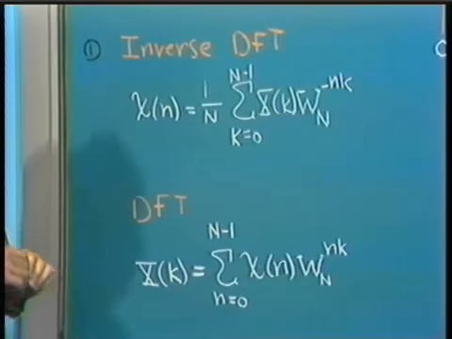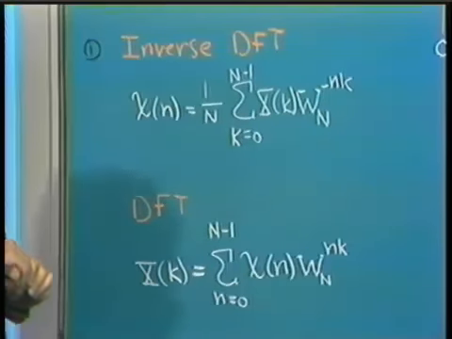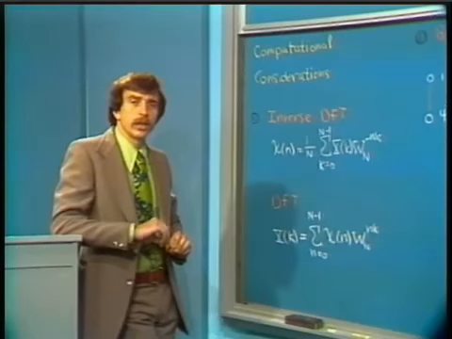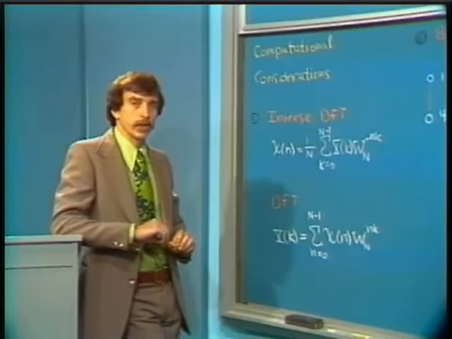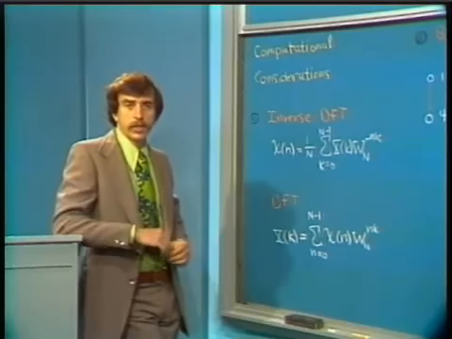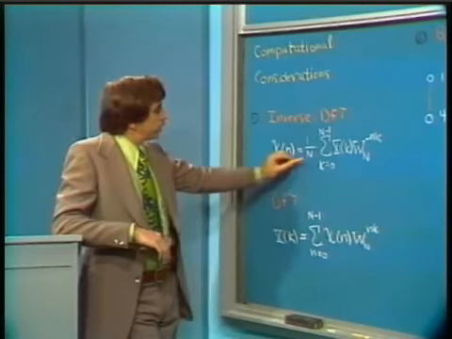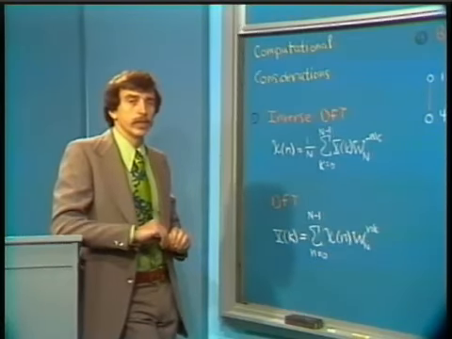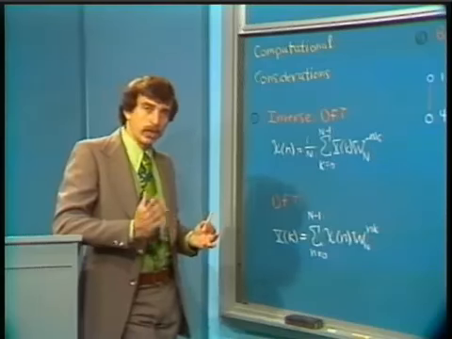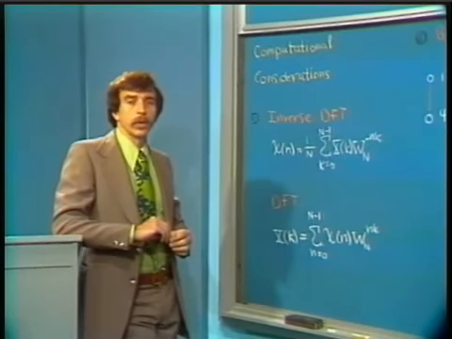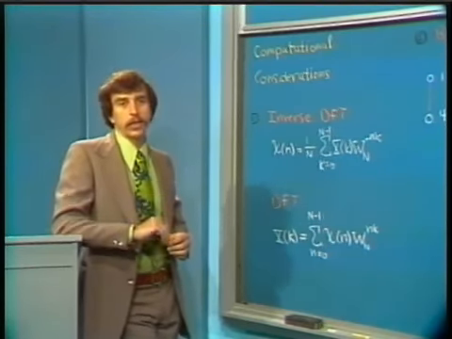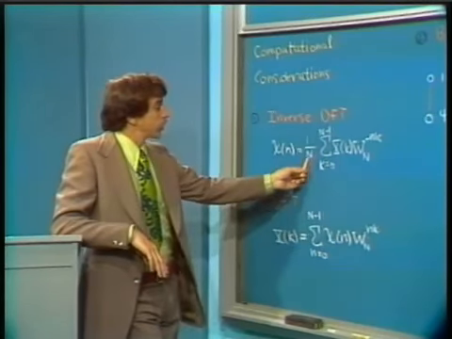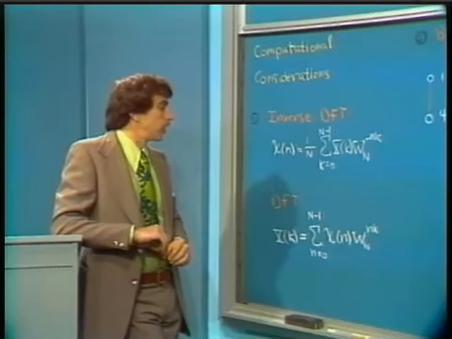To use the algorithms that we have just been discussing for the computation of the inverse discrete Fourier transform, the modification is relatively straightforward. First of all, it involves a factor of 1 over n, which we can accommodate in a number of ways. One is, of course, by shifting the output or by applying scaling at each stage of the FFT, for example. So this factor of 1 over n is easily accommodated.